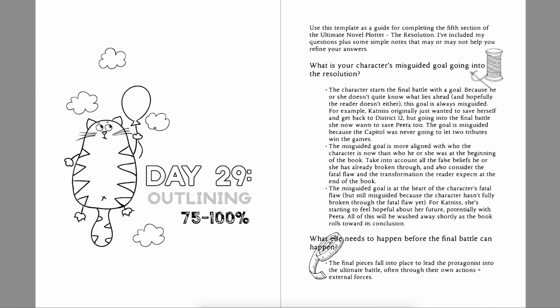Okay, what else needs to happen before the final battle can happen? This is just a chance to tie up any loose ends. One thing that happens in the Hunger Games is that there are these fake fires that force Peeta and Katniss out of hiding and toward the cornucopia.